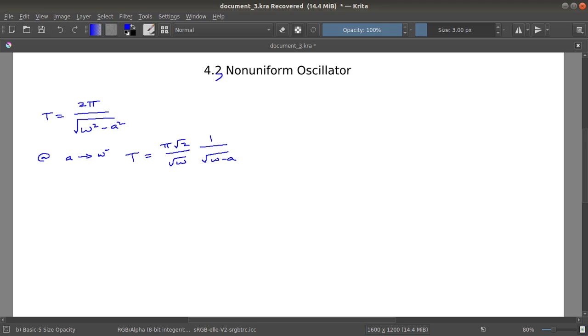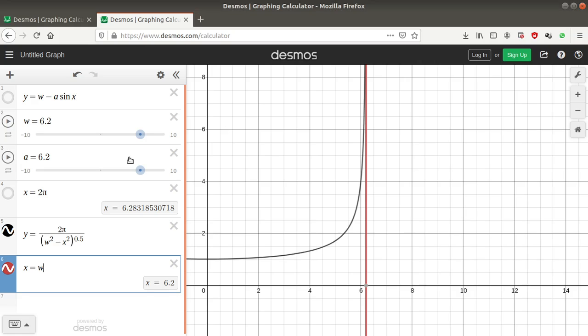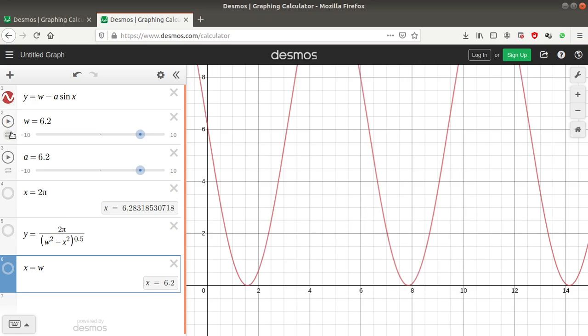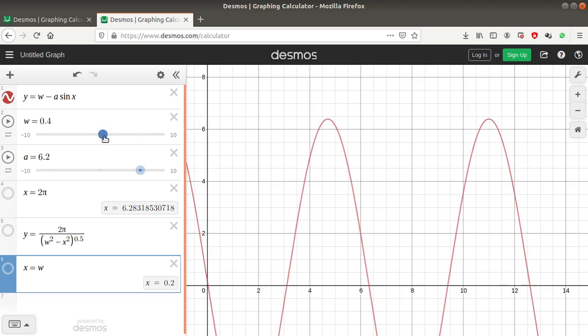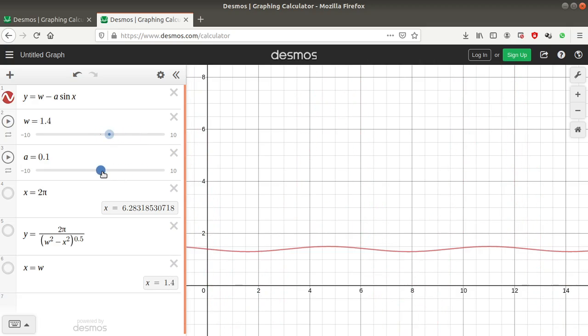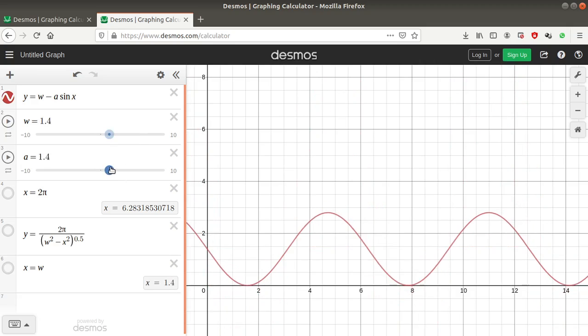Let's plot it. So a is very near to omega, only slightly smaller.